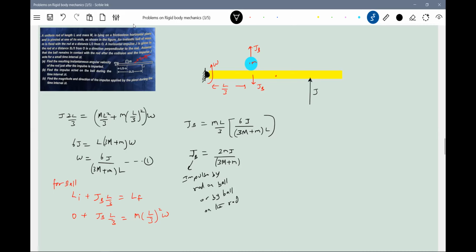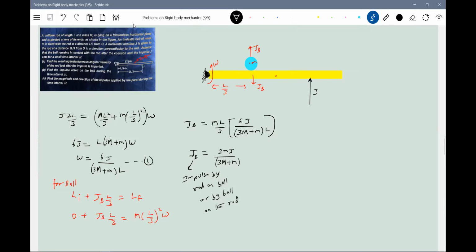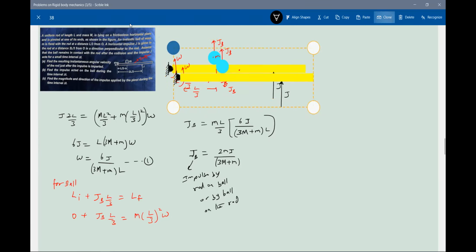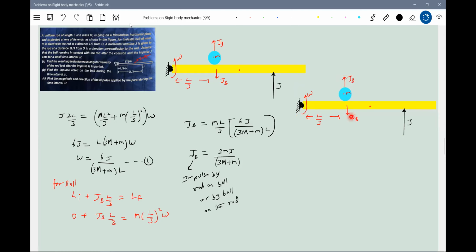I think we never found out. I think if you can remember, impulsive reactions, the pivot is what we have discussed in a few problems. So I'll bring one more diagram so that there won't be confusion for you. We'll take one separate diagram to study the impulses. So these things I'll take out.